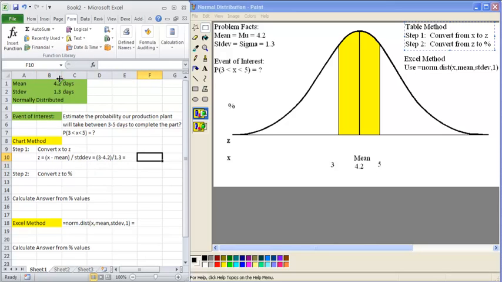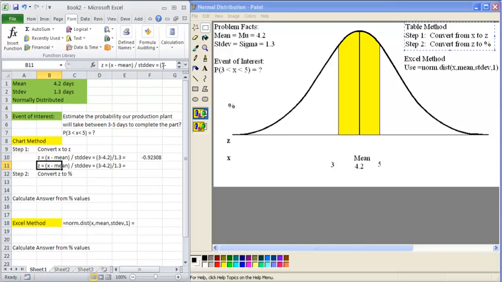So z equals 3 minus 4.2 divided by 1.3. In this case, I use cell references. It doesn't necessarily matter.